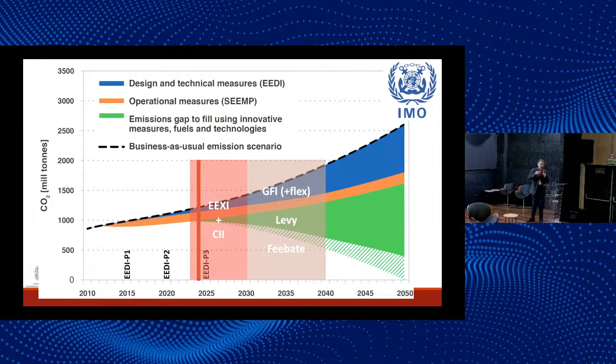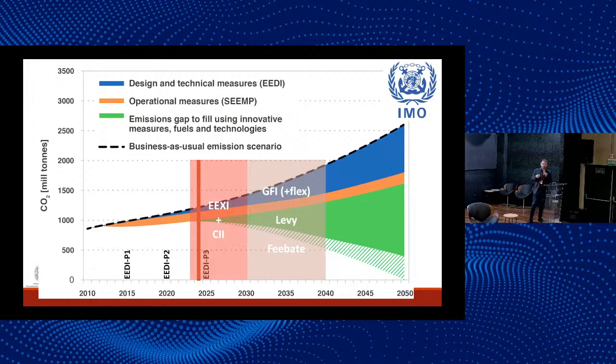There are already some rules implemented: energy efficiency index, technical index, and also operational index. We are speaking about carbon intensity index and energy efficiency index.